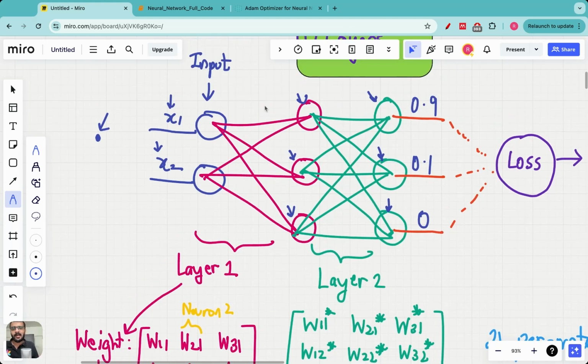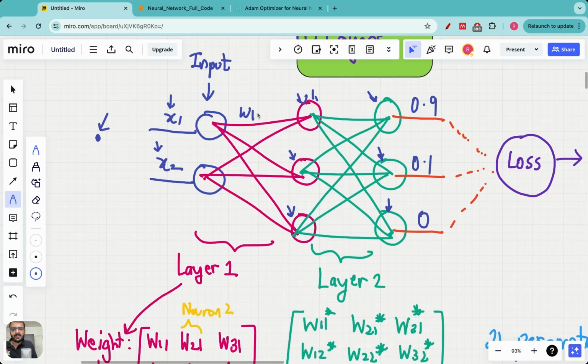Let us look at each of these layers separately. If you look at layer number 1, let's analyze the first neuron. There are two lines connecting it to the inputs. One line connects it to the first input, and a second line connects it to the second input. There are weights associated with every input. Consider the first neuron and its connection with the first input.